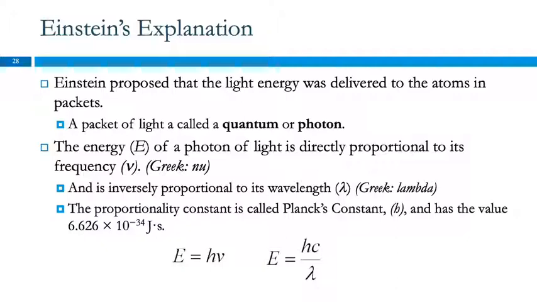So there's a proportionality constant, h, called Planck's constant, and it has the value 6.626 times 10 to the minus 34 joule seconds. You don't need to memorize that, I'll give it to you. But the energy of this photon is equal to this constant times the frequency. Or we could also say the energy is equal to the constant times the speed of light divided by the wavelength, because c over lambda is the same as nu.